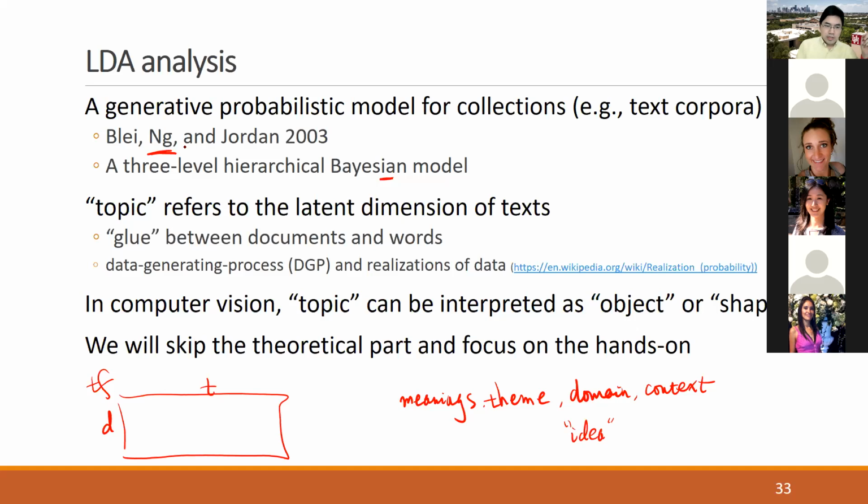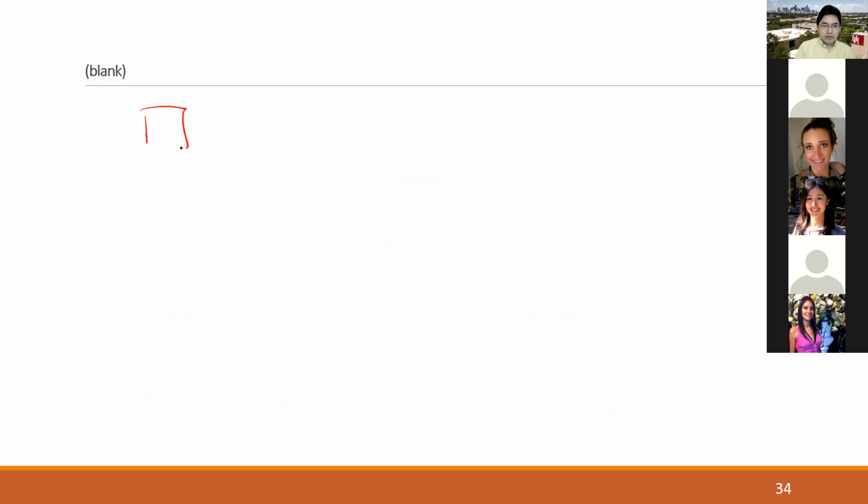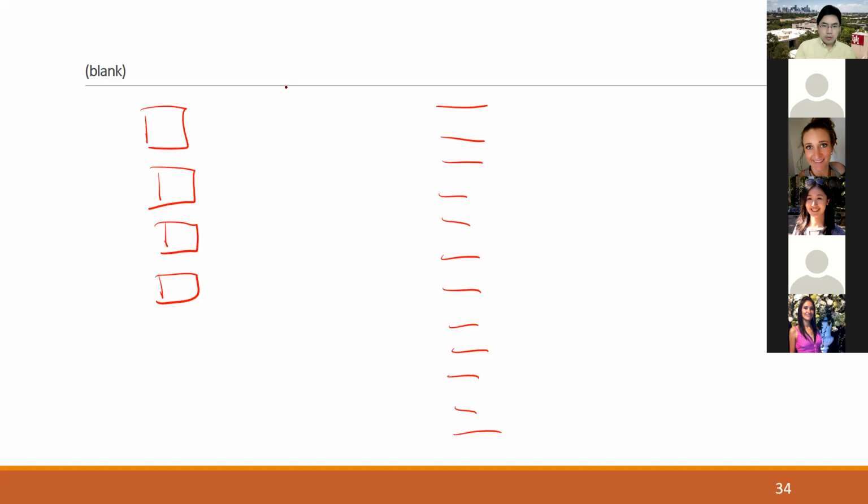But these authors are not the only ones to think of it. They basically come up with a probabilistic model that becomes very useful in the context of text mining, but they are not the inventors of the terms. So topic becomes the glue between the document and words. If you think about it, you have a bunch of documents, and many terms.